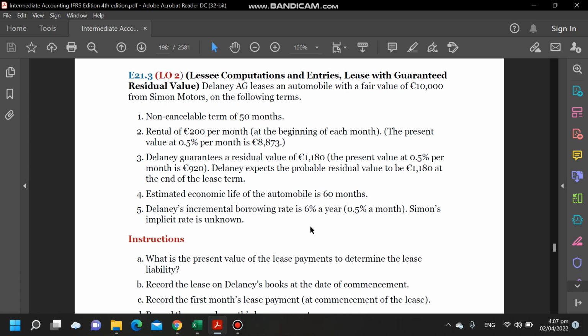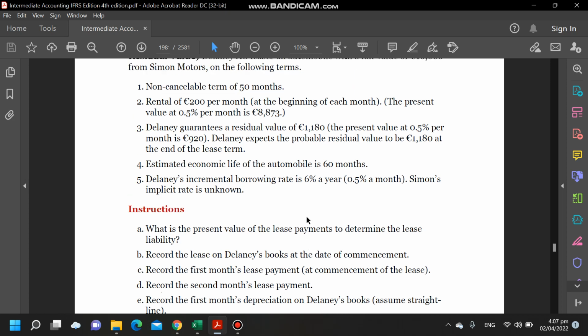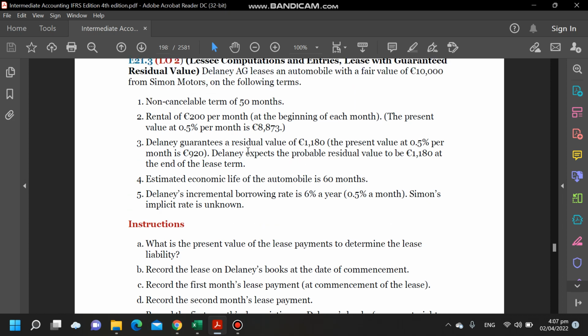So the instructions for A: what is the present value of the lease payment to determine the lease liability? Remember, when there is a guaranteed residual value, we must compare it with the expected residual value.